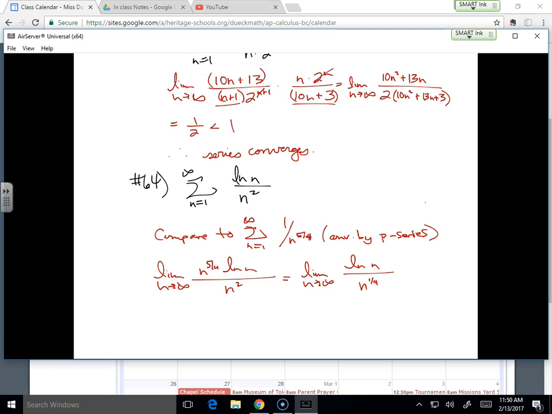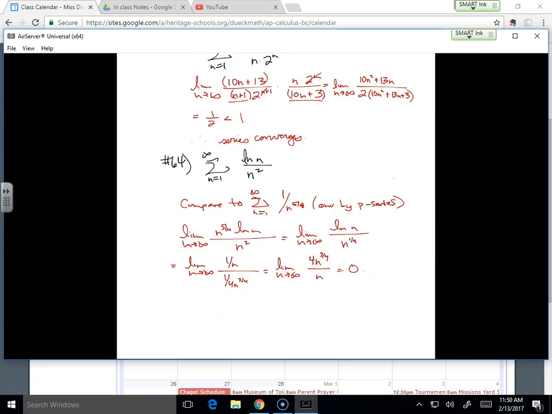I was just thinking L'Hopital's for sake of simplicity, which would then give you the limit as n goes to infinity, just to prove it, although maybe some of you can already guess what the answer is going to be. We can bring down the 1/4, we'd have n to the negative 3/4, bottom wins. So therefore, since the limit is equal to 0, and since we were comparing to a converging series, then we can say that the series converges.